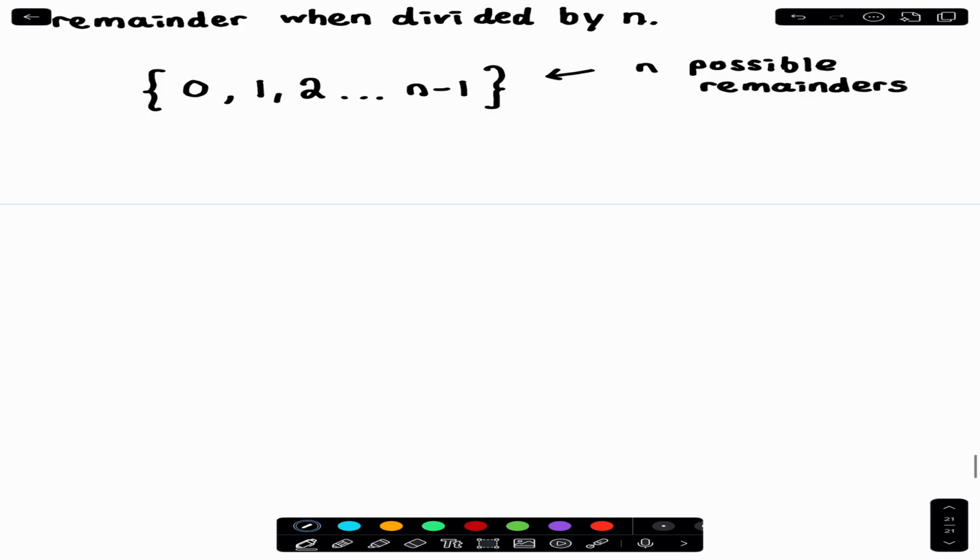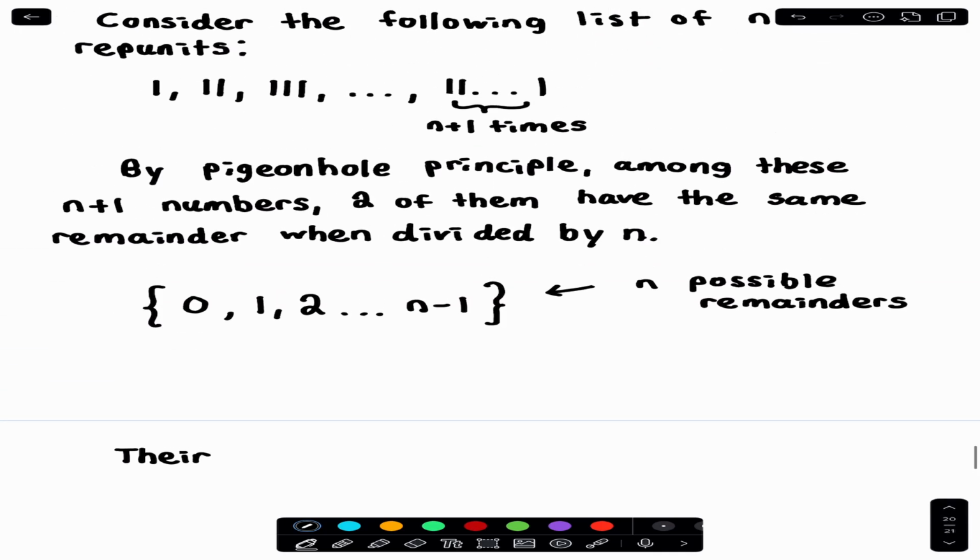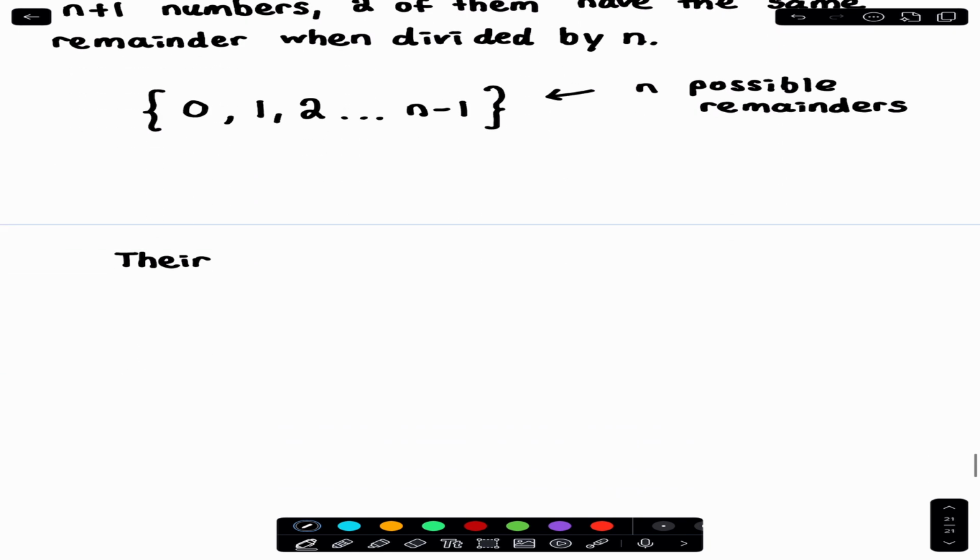Let's start that on a new page. So we'll take 2 rep units and their difference is divisible by n.